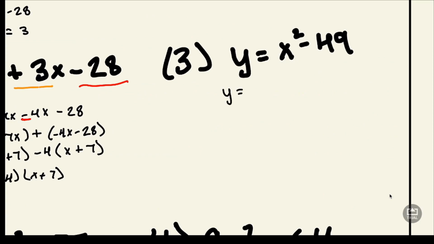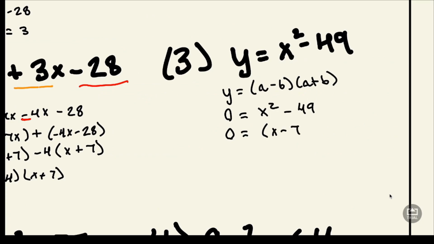The difference of squares skeleton equation calls for a minus b, a plus b. So if we set it equal to 0, because we're isolating for x squared minus 49, and use the a minus b, a plus b formula, we'll be left with 0 equals x minus 7, x plus 7.